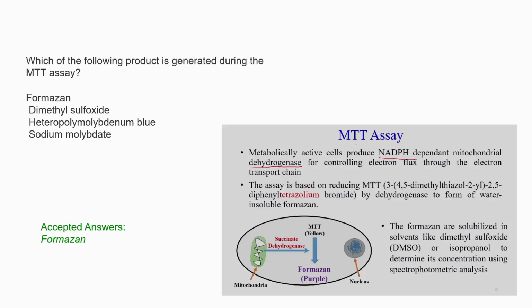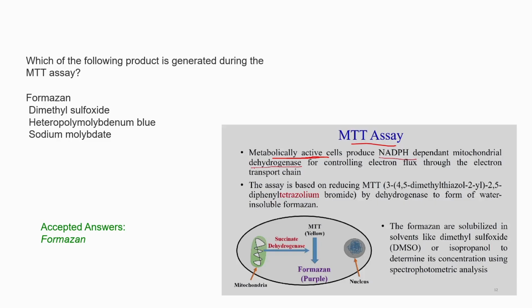This gives an estimate of metabolically active cells, because the biomaterial may cause some cell death. The principle is that metabolically active cells produce NADPH dependent mitochondrial dehydrogenase for controlling the electron flux through the electron transport chain.